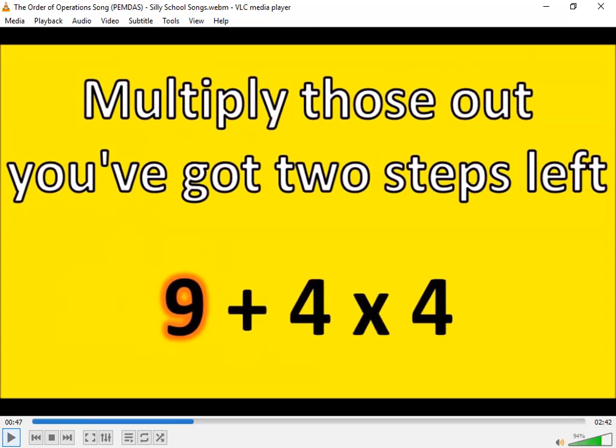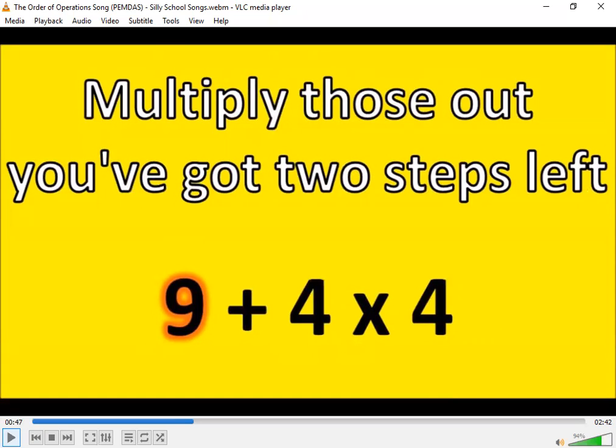Now, we will do first 4 multiplied by 4. So we are going to work with 4 multiplied by 4, because here we have plus and we have multiply. So you have to go back directly to the order of operations, which told us that we have to work with multiply if it comes before add.